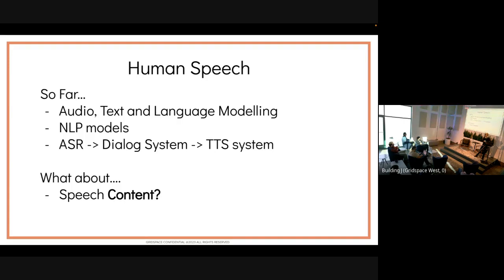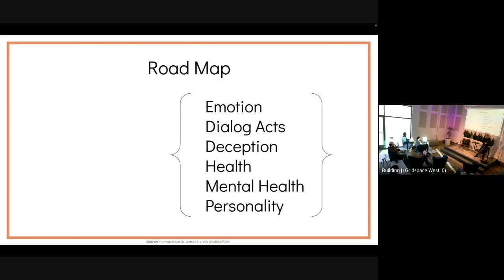For example, you can tell emotion, personality. There's been some research recently into detecting mental health, and over COVID, there was some research into whether you can detect if someone has COVID just from how they sound over the phone. So today we're going to be digging a bit more into this speech content.